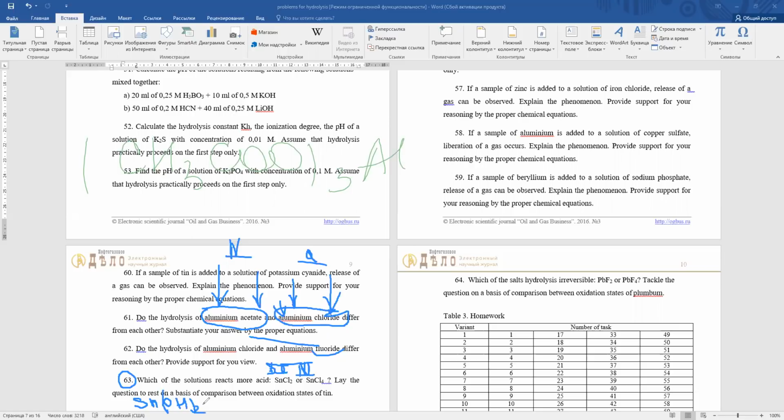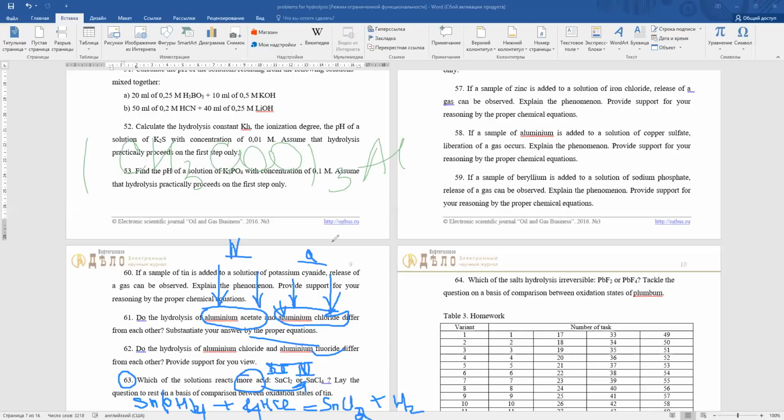Here, this base takes 2 moles of hydrogen chloride in order to be neutralized completely, plus water. But if this one is 4, we need 4. That's why more acid relative to this one. Yeah, okay.